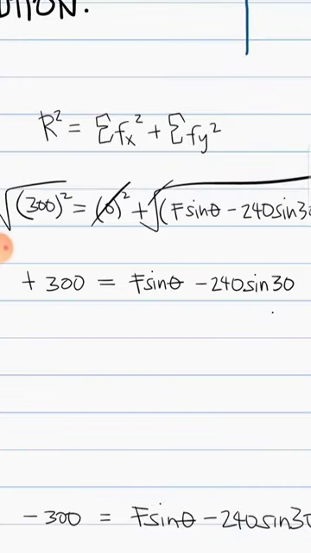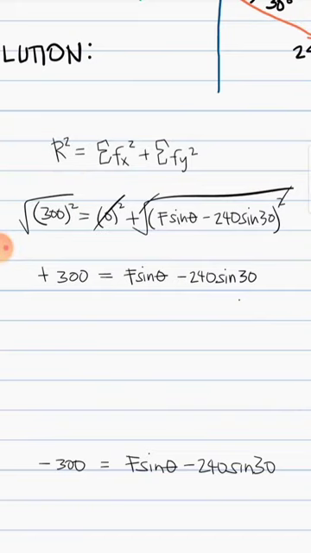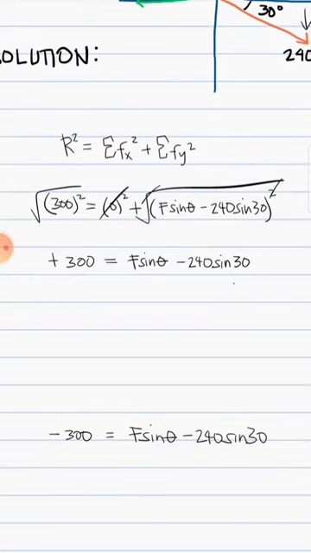We cannot solve this with this equation alone, because it's only one equation and we need two equations to solve two unknowns. That's the standard. If you have three unknowns, you should have three equations. If you have four unknowns, you should have at least four equations. And in here, you have two unknowns, so we need two equations.